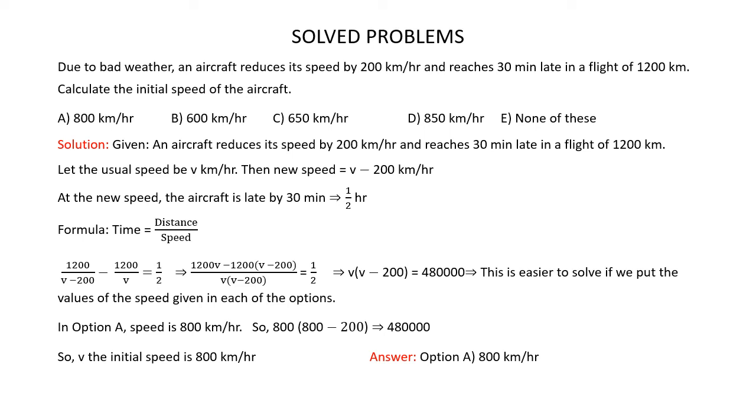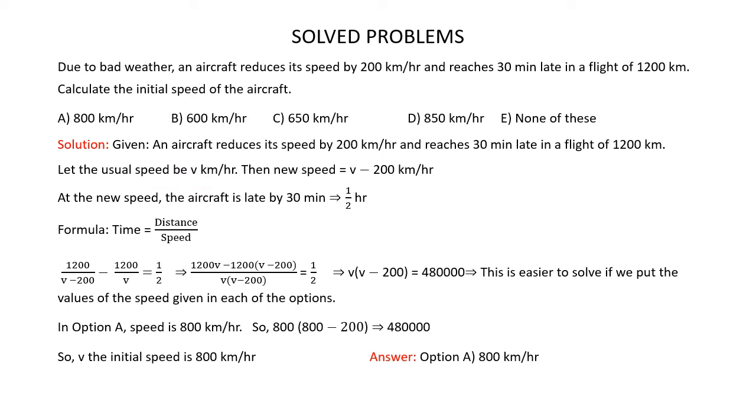Now it's given that an aircraft reduces its speed by 200 kilometers per hour and reaches 30 minutes late in a flight of 1200 kilometers. So here we do not know the initial speed. So let's assume that the initial speed is v kilometers per hour.